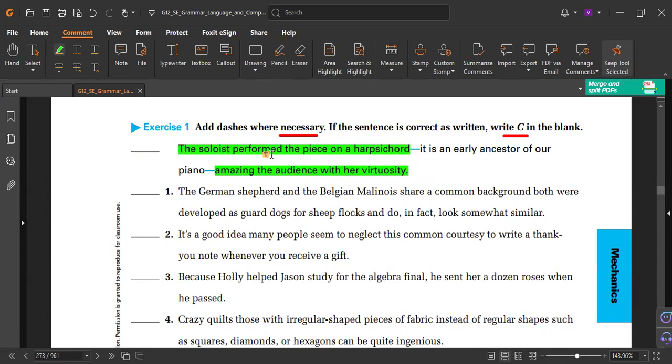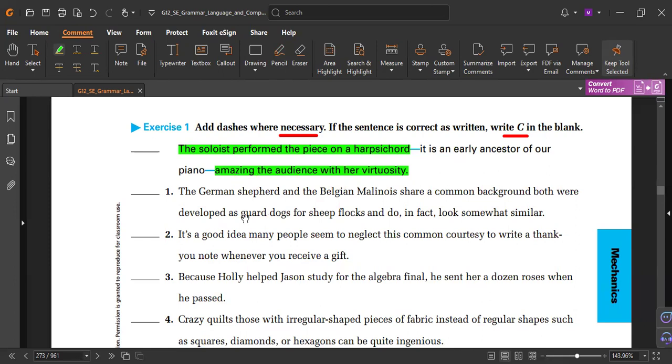The soloist performed the piece on a harpsichord, amazing the audience with her virtuosity. Is that correct? Yes. So there is no mistake. They are in the correct place.